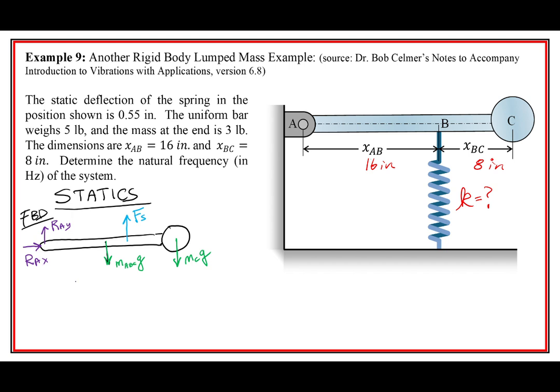So the sum of the moments about A, because we don't care about the reaction there, we'll say that we have negative M_ABC times, we had to go in the middle of it, that's always annoying, X_AB plus X_BC over 2.